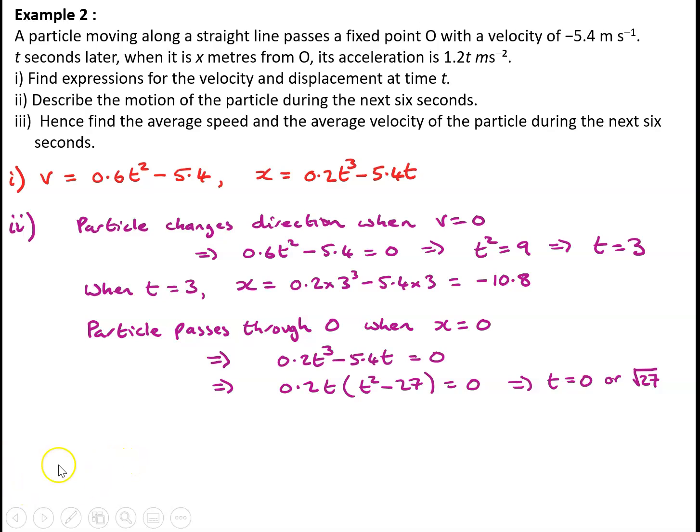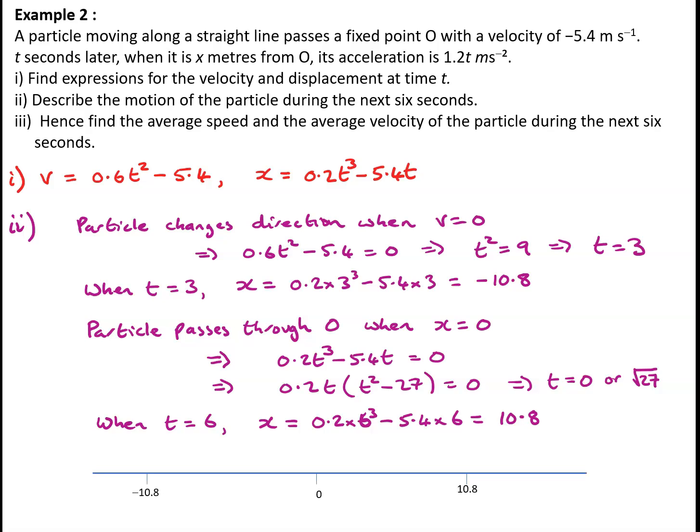And the final thing we're going to do is find out the final position of the particle. So the final position of the particle is when t equals 6. And when t equals 6, we've got x is 0.2 times 6 cubed minus 5.4 times 6, which gives me 10.8. So I can now produce a little diagram to show the motion of the particle for us. It starts at t equals 0, x is equal to 0.